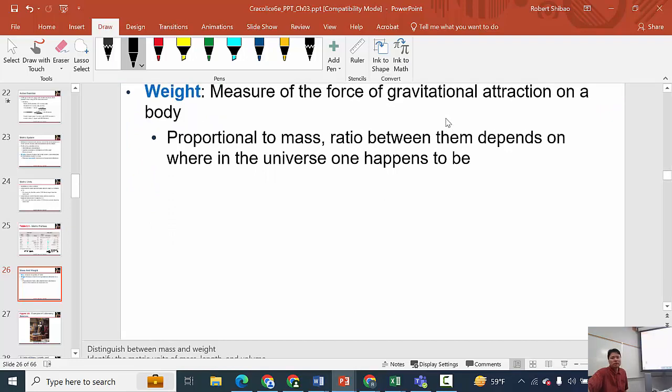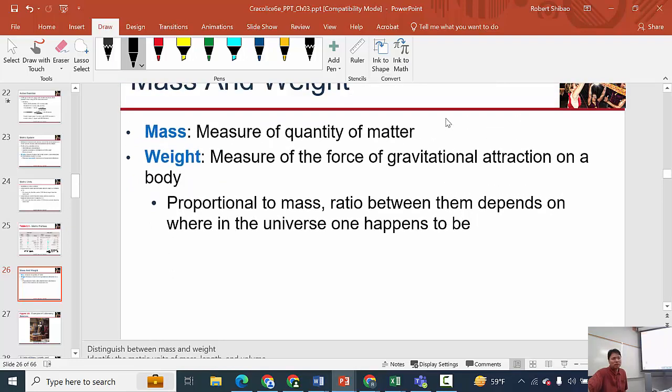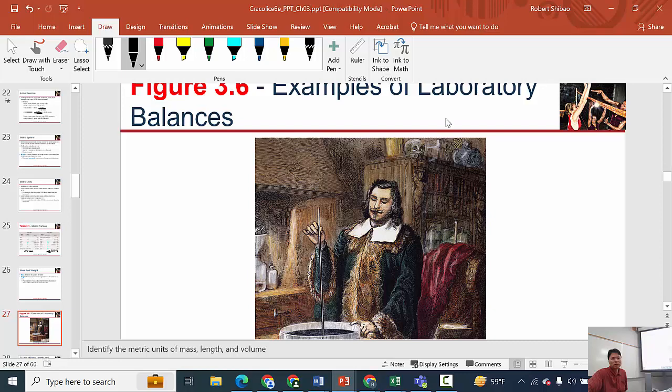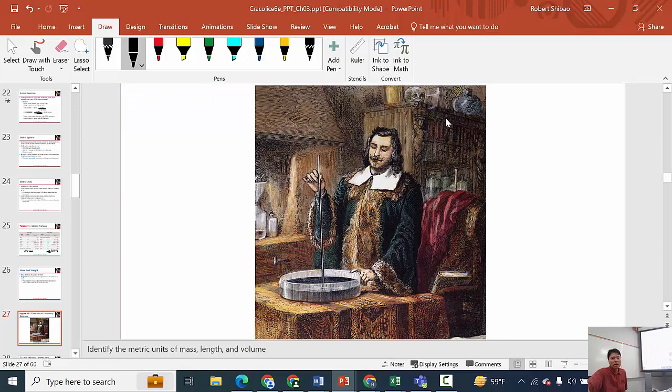Are pounds a unit of weight or a unit of mass? Weight. Give me a unit of mass. Grams, kilograms. The kilograms won't change on the moon or on Earth, but the weight will change. How do we measure it?